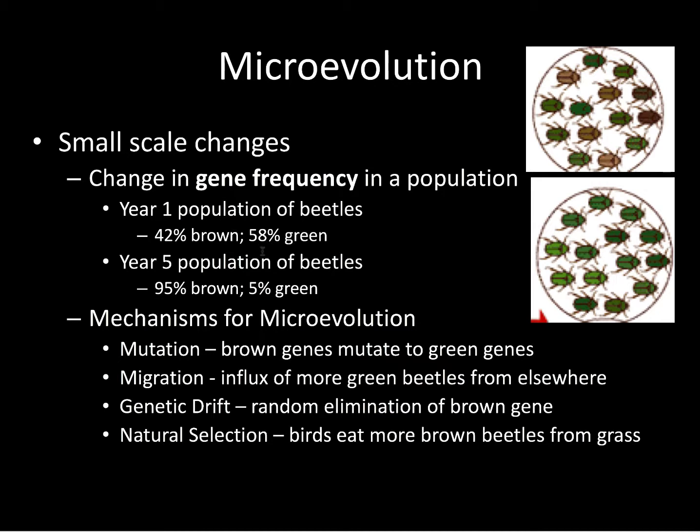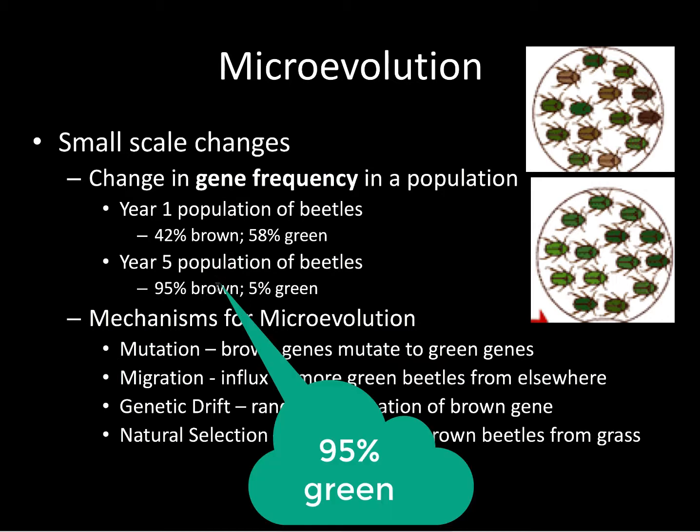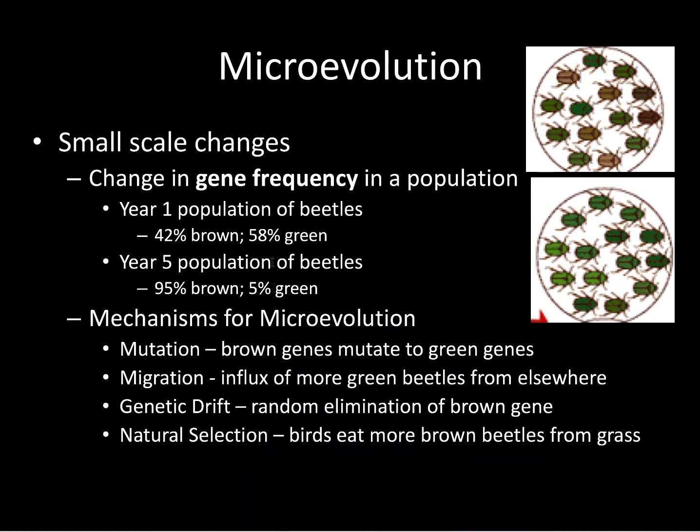Then over time, maybe 5 years go by and you remeasure these beetles and you find that 95% are green and 5% are brown. So here we see a change in the frequency of the gene. You're seeing more green, 95% green, and only 5% brown.